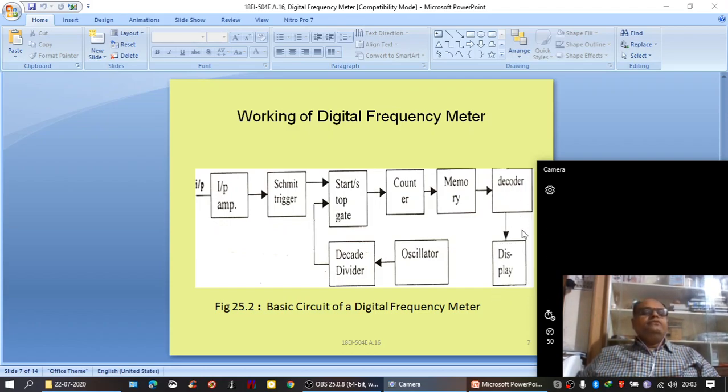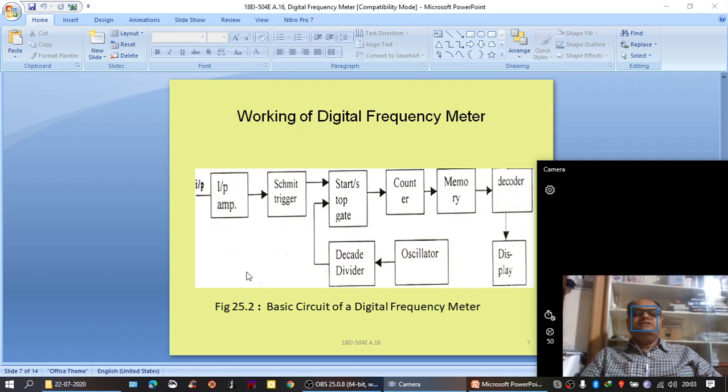A stream of 7-segment display data is provided by the decoder, and the display directly indicates the values depending upon the status of the decoder output. It gives the numeric display of the frequency of the applied input signal.